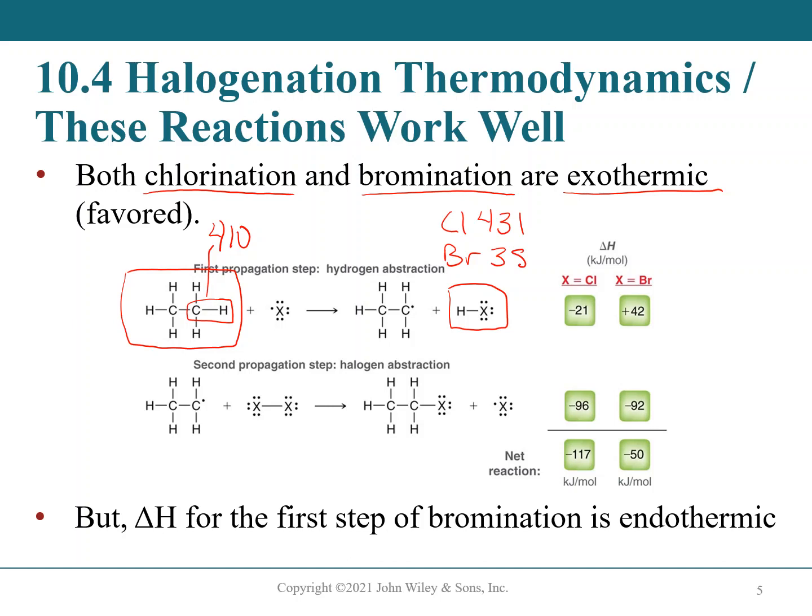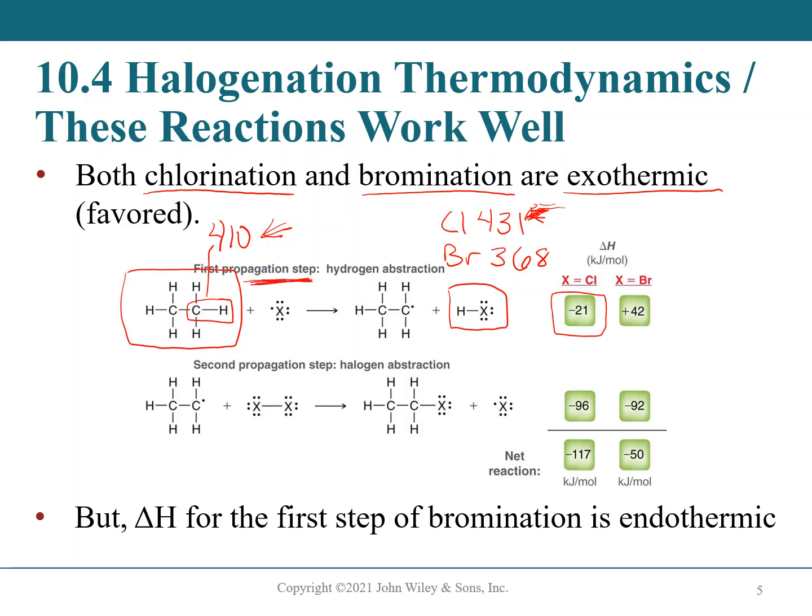Oops, that's a 6. 368 kilojoules per mole. Right, so if we do the math, we take 431 here, we subtract the 410, we're left with minus 21 kilojoules per mole of energy given off in the chlorination reaction for the first propagation step, right?